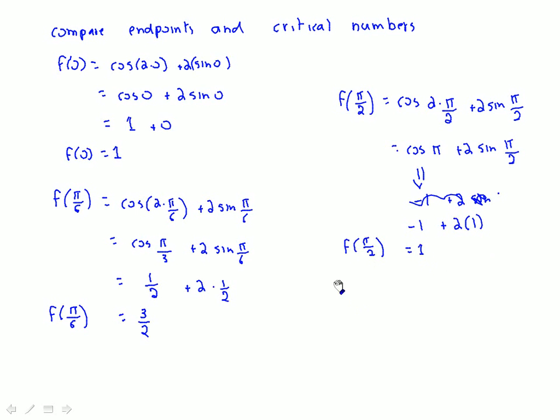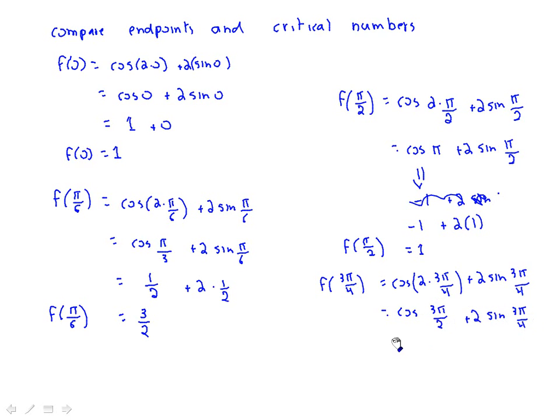And then to finish it off, f at 3 pi over 4, this is the other endpoint, is equal to cos of 2 times 3 pi over 4 plus 2 times the sine of 3 pi over 4. So this is equal to cosine of 3 pi over 2 plus 2 times the sine of 3 pi over 4.